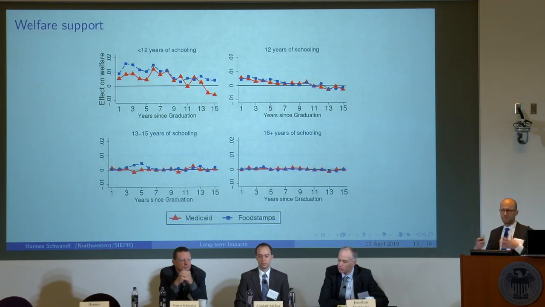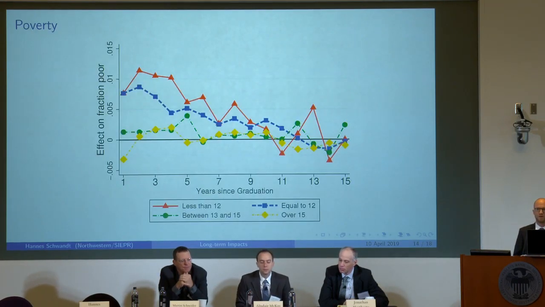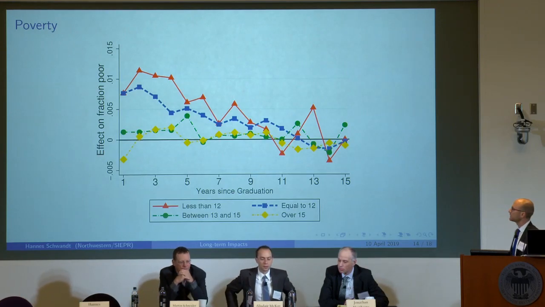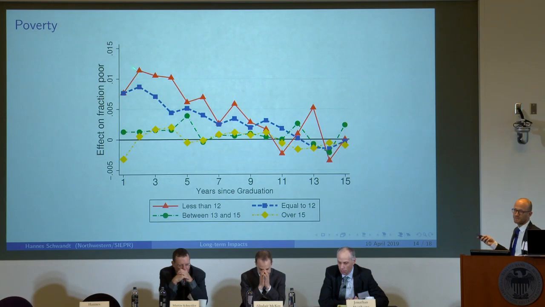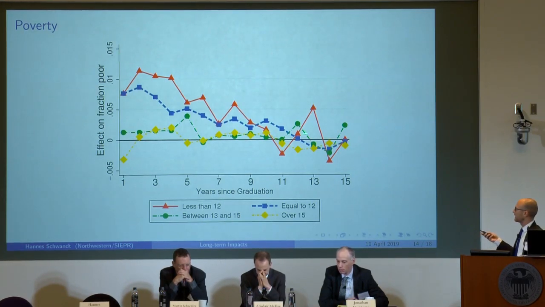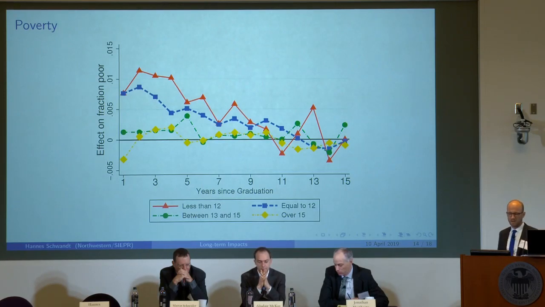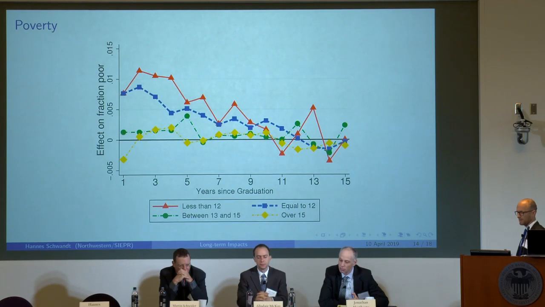However, even though there are these buffering mechanisms, they are not sufficient to curb poverty. We still see persistent, quite strong effects, up to a 1 percentage point increase in poverty rates, that only fade within 10 to 15 years. And of course, again, for those with sufficient education, there is no effect on poverty at all, even though we did see initial impacts on wages.